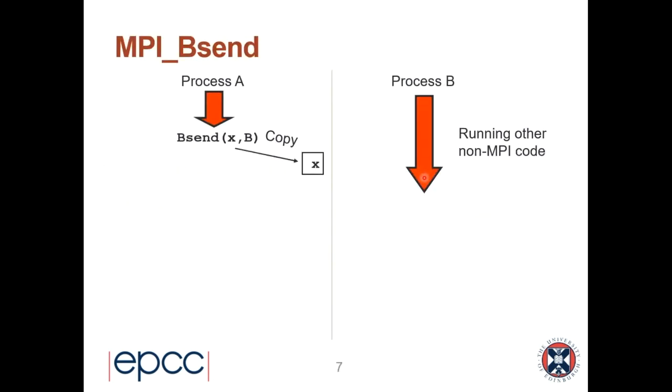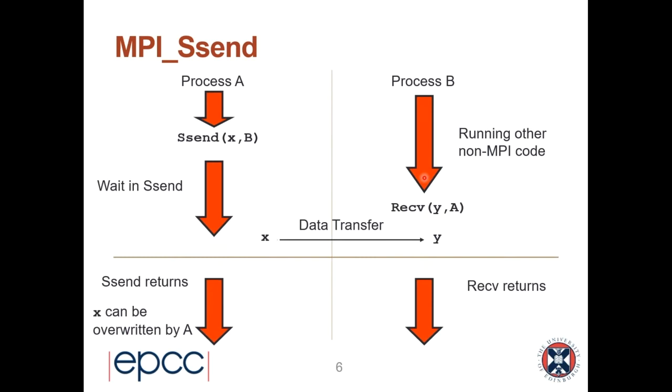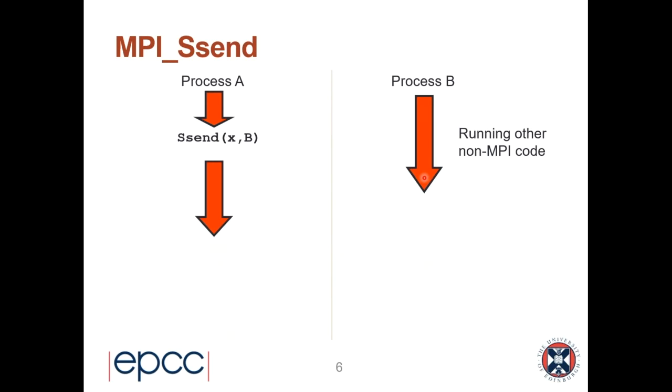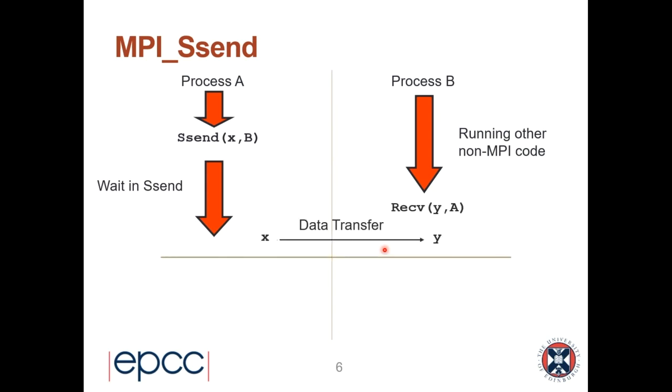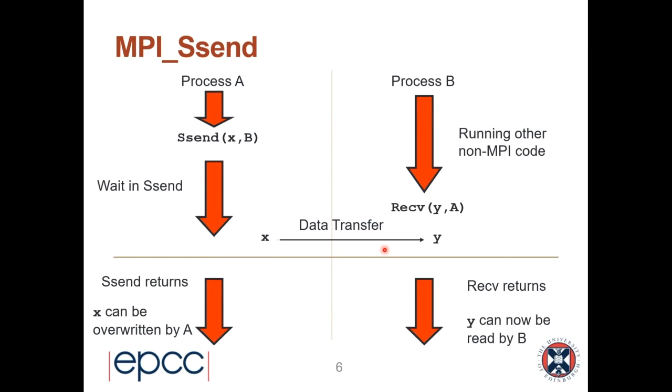The reason I drew process B being slower than process A is that if process B issued the receive before process A issued the send, then ssend and bsend would largely look the same, because when they posted the send, the receive would be there, so the message would be transferred. That's why I drew it this way. I pretended that process B was slow and process A was quick. Okay, that was just that. Now this is where animations start to kill you.